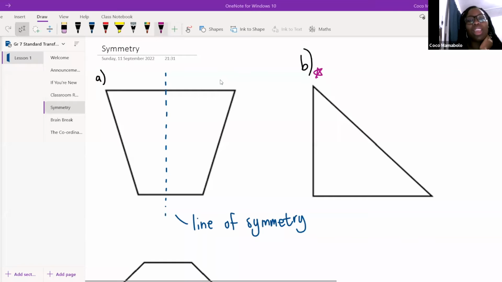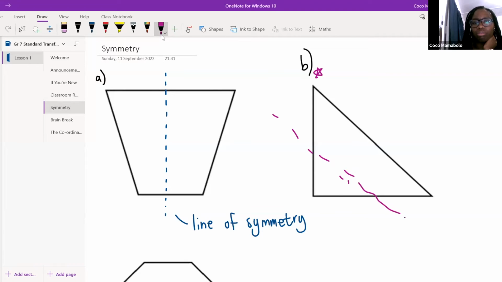The reason why I say 1 is because if I try to draw a horizontal line, that doesn't give me a line of symmetry. If I draw a vertical line, that's not a line of symmetry at all. A diagonal line, no, it's not.